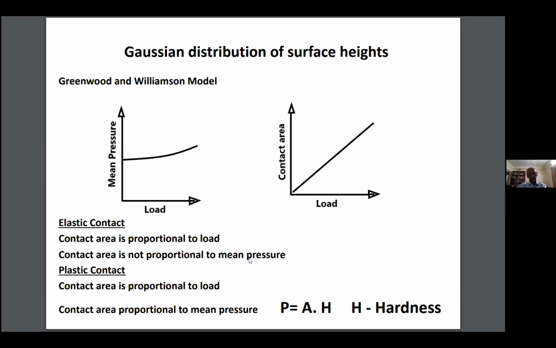And the Greenwood and Williamson model simply resolved this problem, and they came up with the conclusion that the contact area is proportional to load, which is the same as what we have for plastic contact, and contact area is proportional to the mean pressure also.